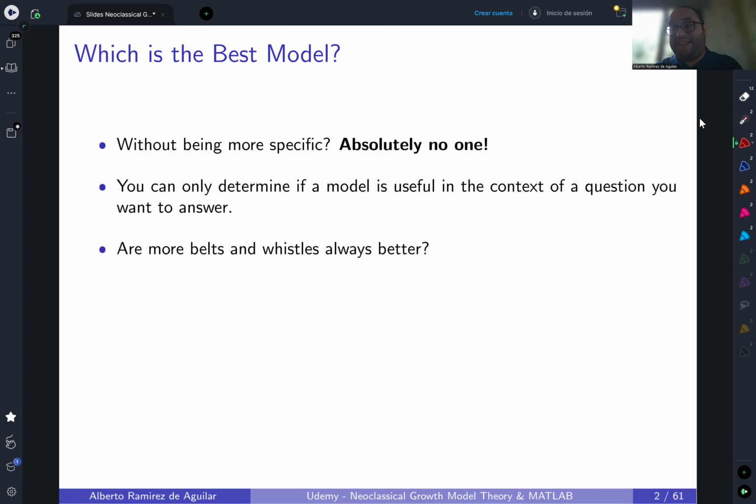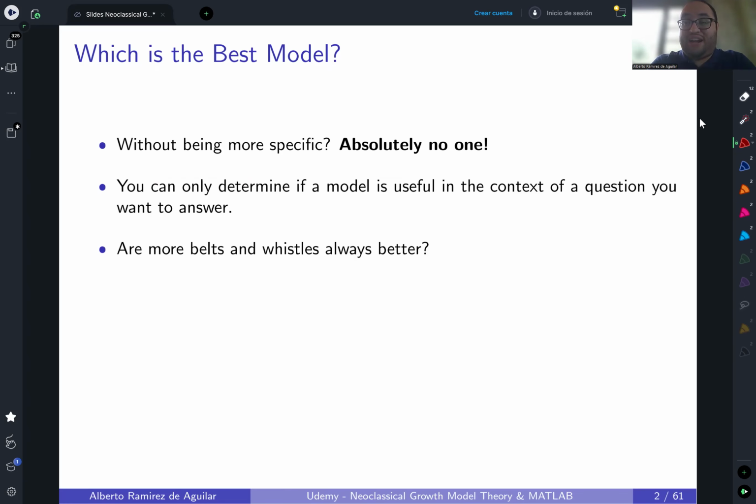But they don't talk about that. And there's this idea that adding more things to a model is always good. Like for example, as I was saying before, in the neoclassical growth model we're only going to study a model in which there are households and firms but no government.